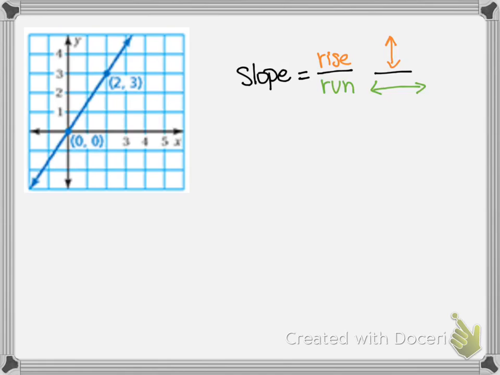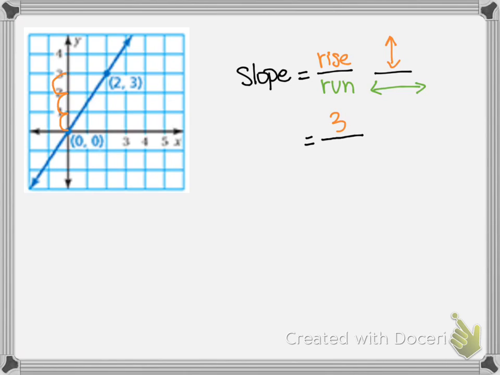Here is another line, and we will get our slope set up. We are going to count the rise number. We're going to start at that first point, and move up until we get lined up with that second point, and that took me 3 hops.